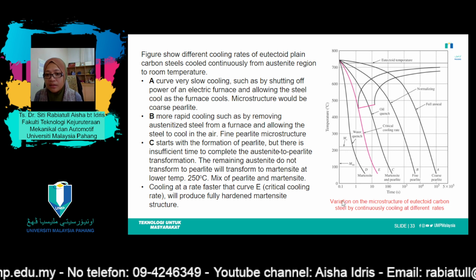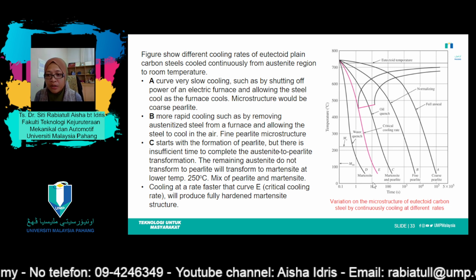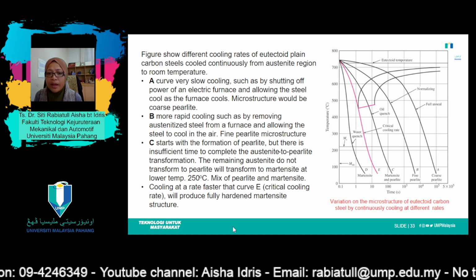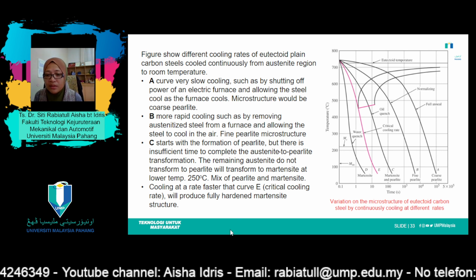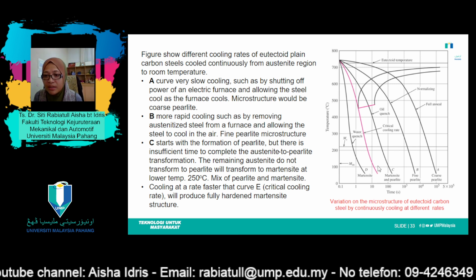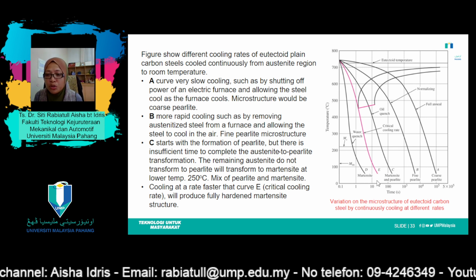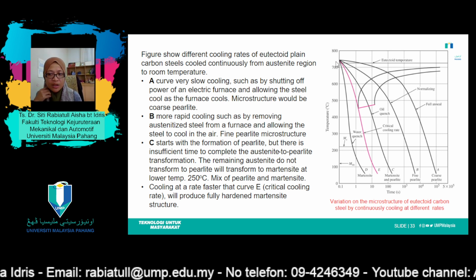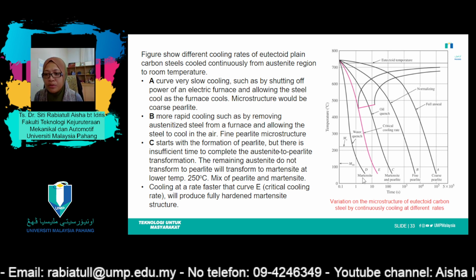Other than that, curve E there is cooling at a faster rate, and this one will produce a martensite structure. The same goes for D. From the austenite temperature, with faster cooling, it will produce martensite.